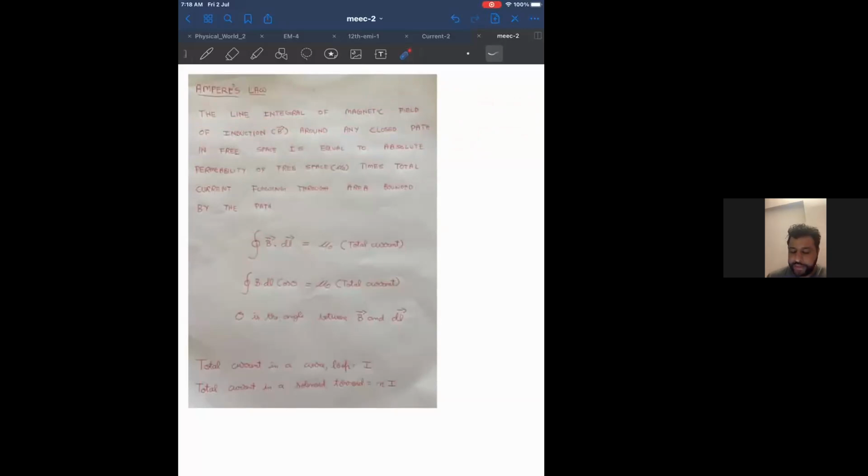Do you guys know what is the difference between integration and closed integration? No, sir. I will say the simple difference.